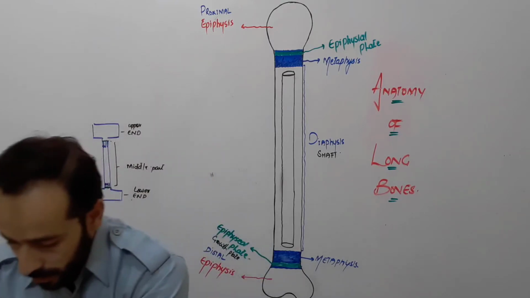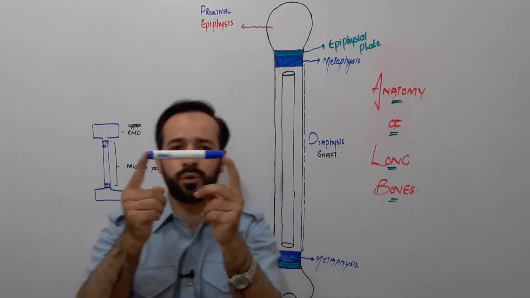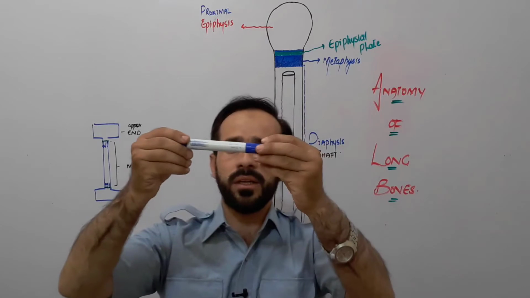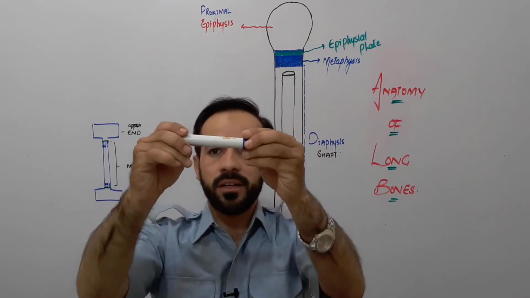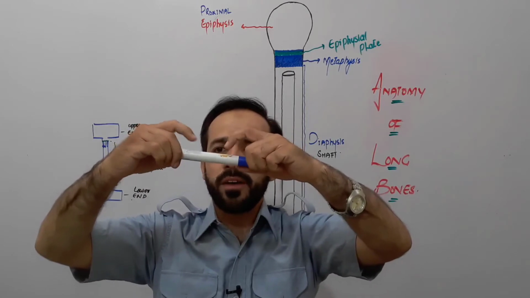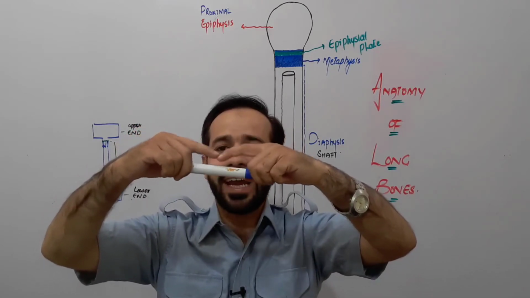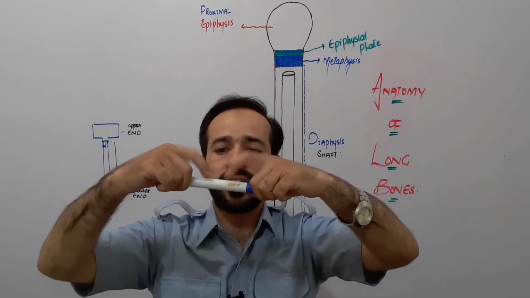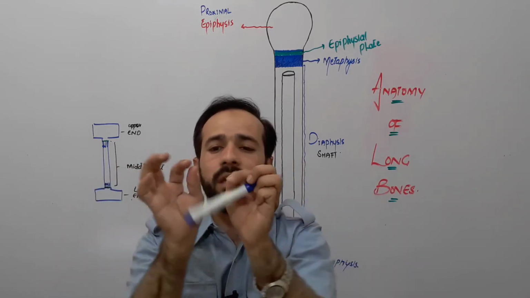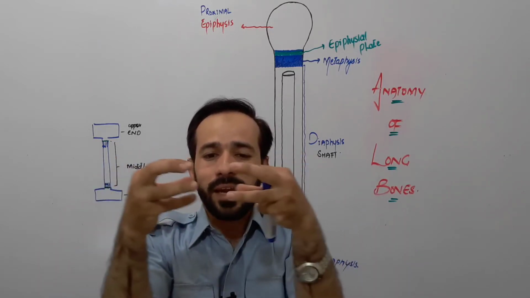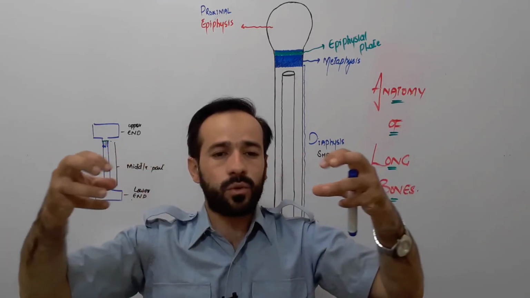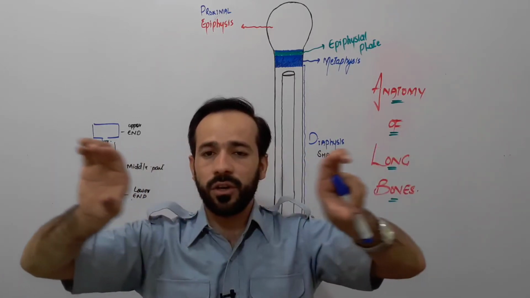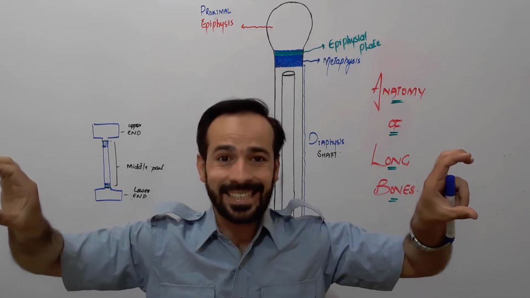So look here, for example, this is a bone, right? And this is the proximal epiphysis, distal epiphysis, and here are the epiphyseal plates. From these epiphyseal plates, bone mass is added into the diaphysis, into the shaft, and when your shaft grows, the epiphyses go away from each other and the bone increases in its length.